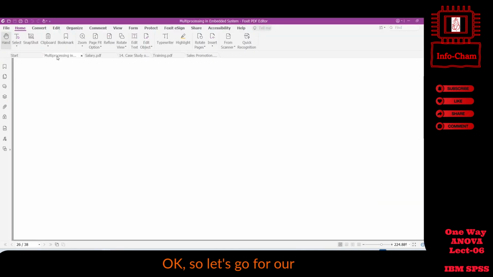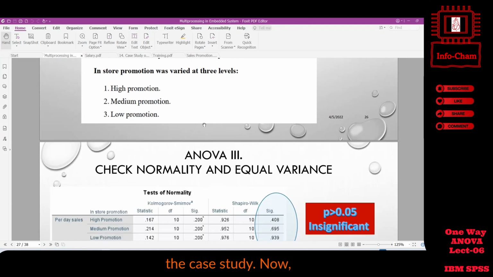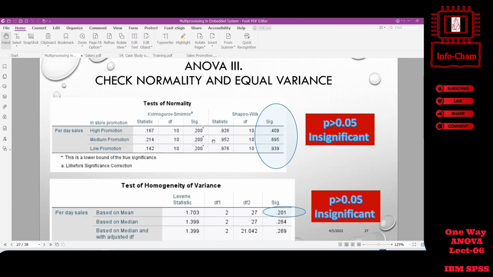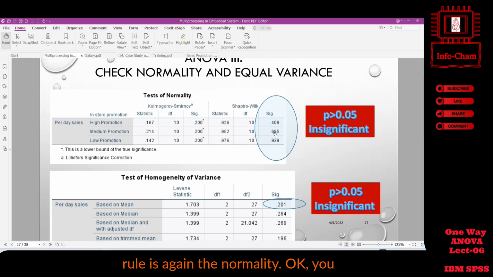Okay, so let's go to our ANOVA slides here, right? You understand the case study. Now, please see the rule. The rule is again normality. You can check it for the three categories, right? High promotion, medium, low. The p value is okay.